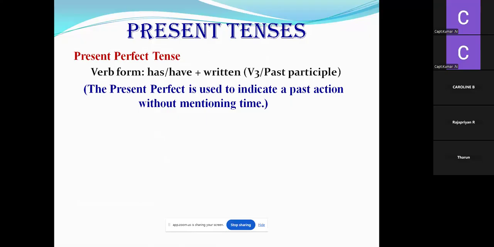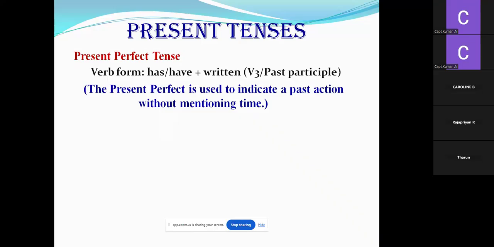So the usage of present perfect tense: it is used to indicate a past action without mentioning time. See, I have seen many using only simple past to indicate past action. But present perfect is also very much suitable because you can see the word perfect. What is the meaning of perfect?